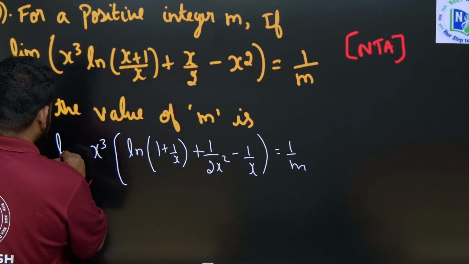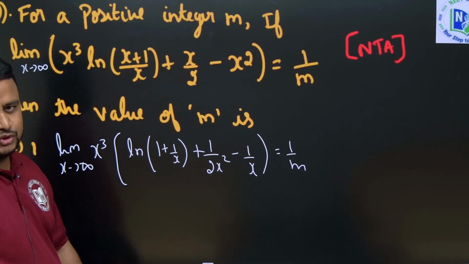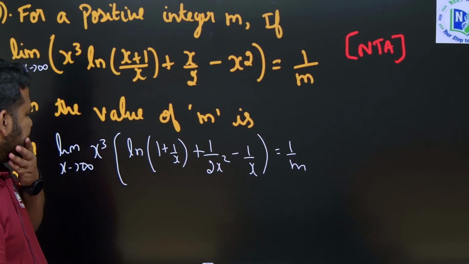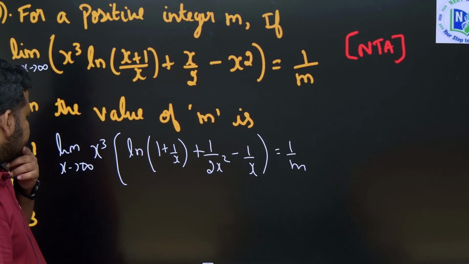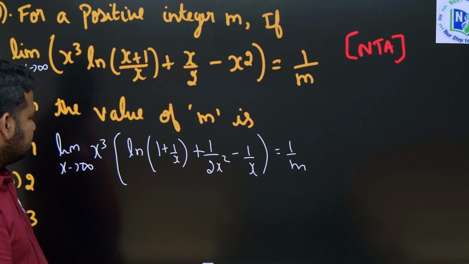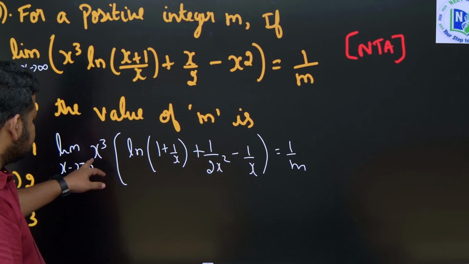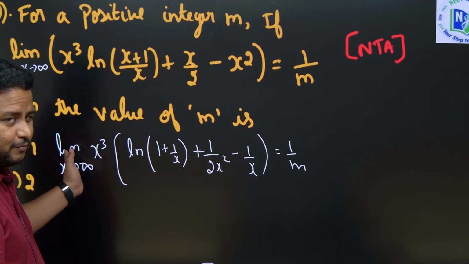As limit x tends to infinity, now I can apply the LH rule. So what will this become if I apply the LH rule? Instead of directly applying it, I would have to use the product formula and all these things.